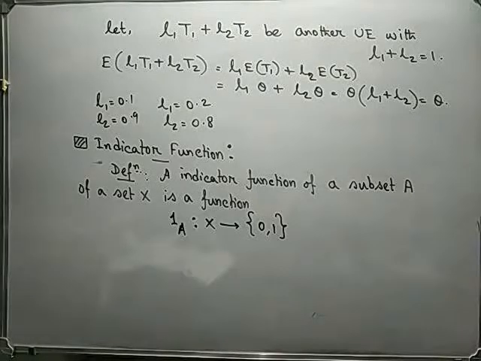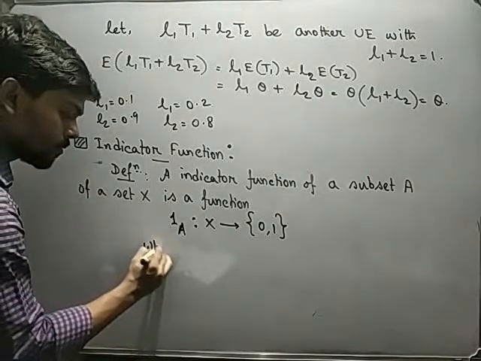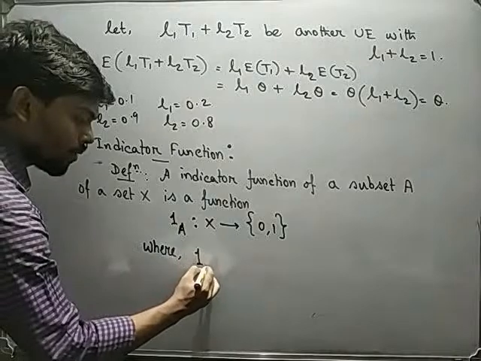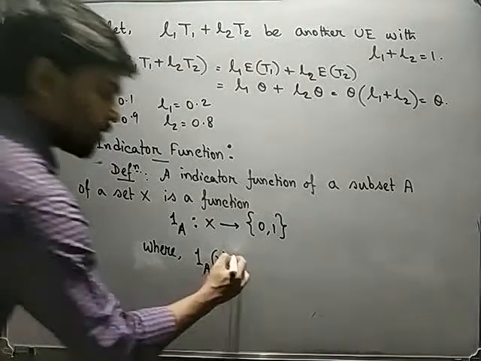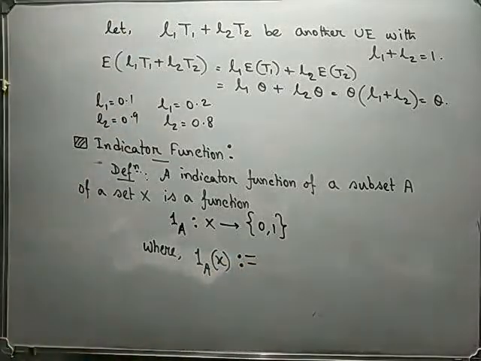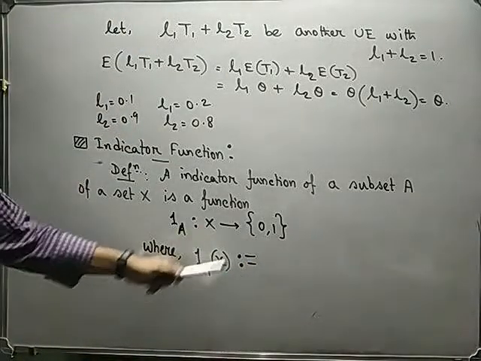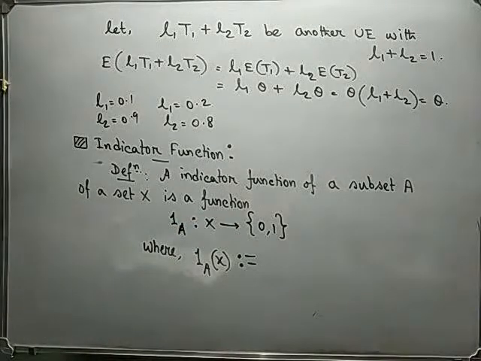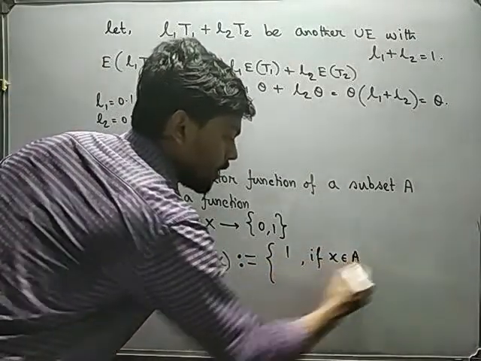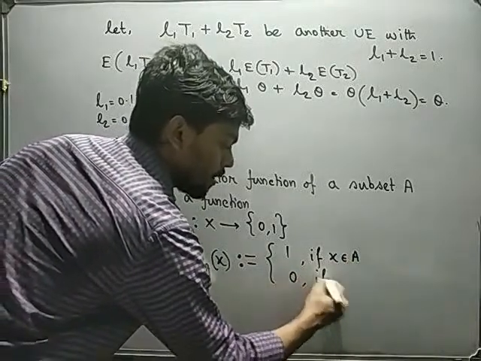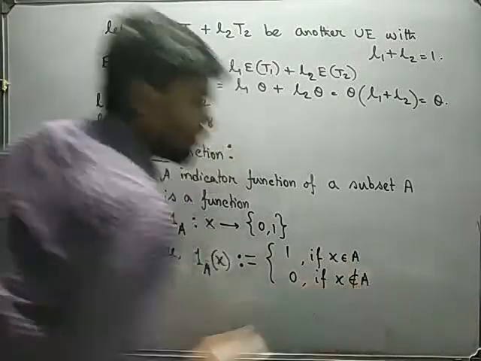Here 1A of x is defined as 1 if x belongs to A and 0 if x doesn't belong to A.